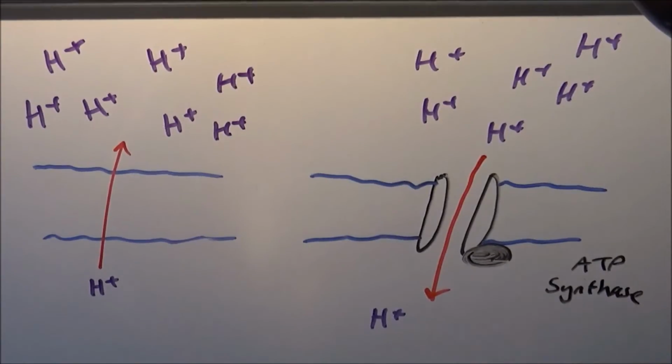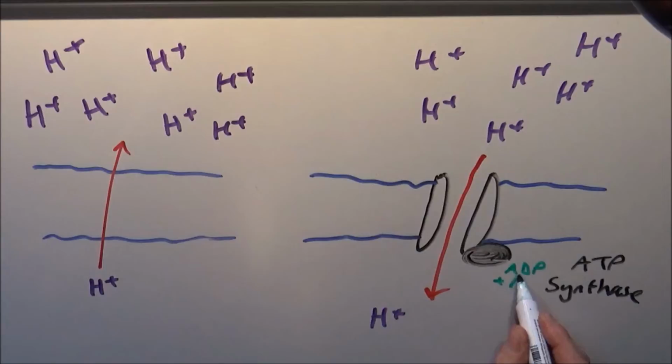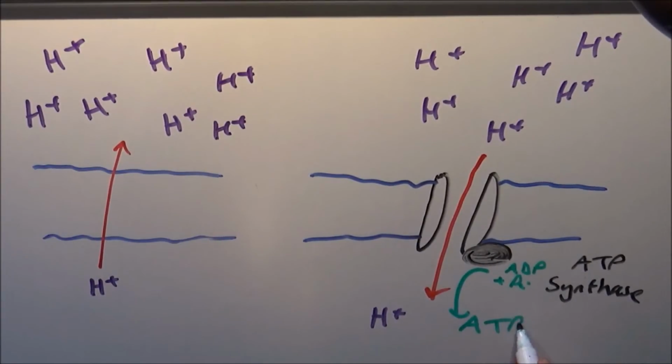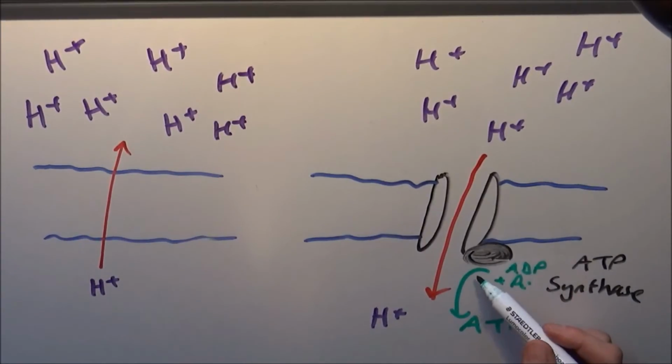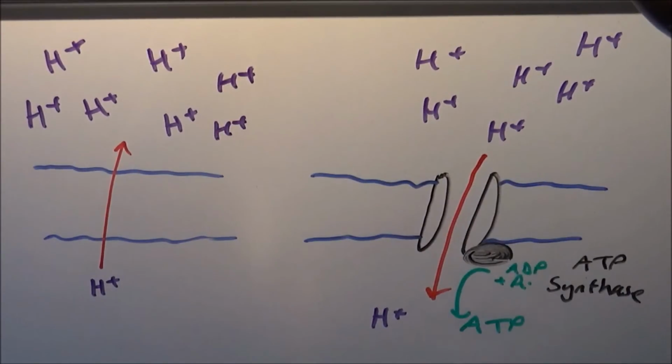And what that does is take ADP plus inorganic phosphate and generate ATP. Now, to do that, you need an input of energy, 30.5 kilojoules per mole of ATP made. The energy is taken directly from the collapsing proton gradient.